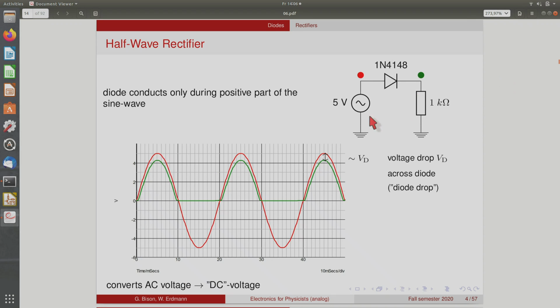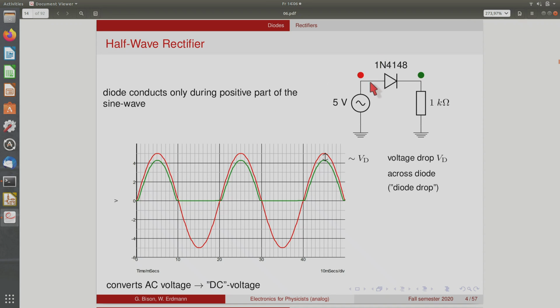So it'll follow the input, but it'll be roughly this voltage drop below, because you always have this 0.7 volt or so drop across your diode when it's in forward direction. But with this distance of 0.7 volt, it follows the input voltage until you get here.